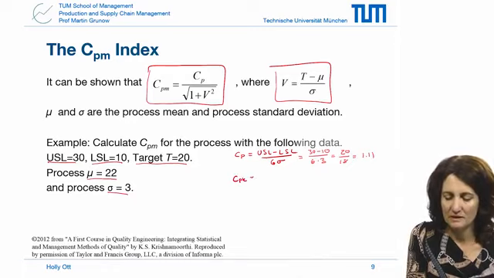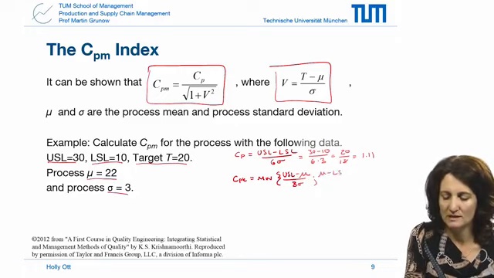CPK, might as well do this as well, is equal to the minimum of the USL minus the process mean over 3 sigma, or the mean minus the LSL over 3 sigma.